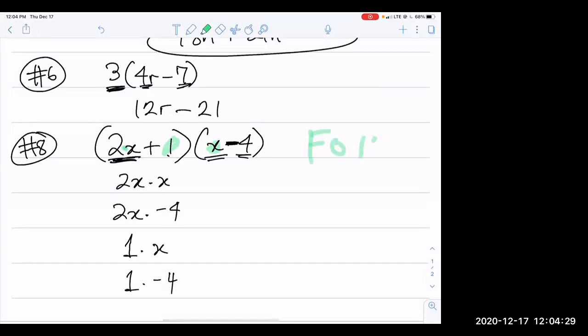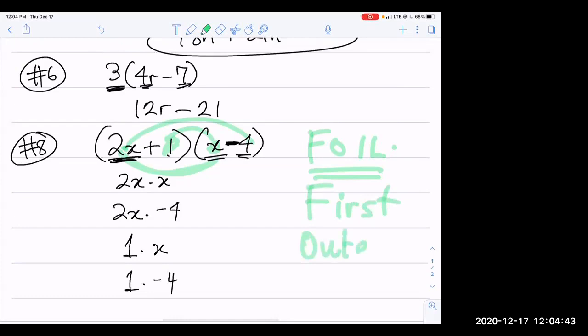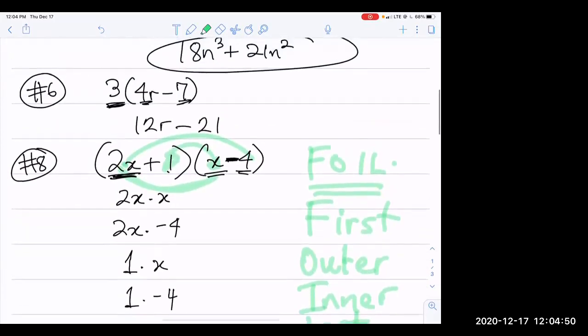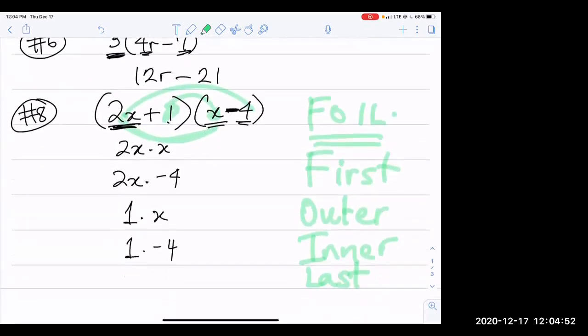Some people like to call it FOIL, even though there are reasons why FOIL is not a rule that you have to always do the first and then the outer and then inner and last. That's what FOIL stands for: first, outer, inner, and last. You can do them in any order. You can do the last first if you wanted, but yes, FOIL does work.